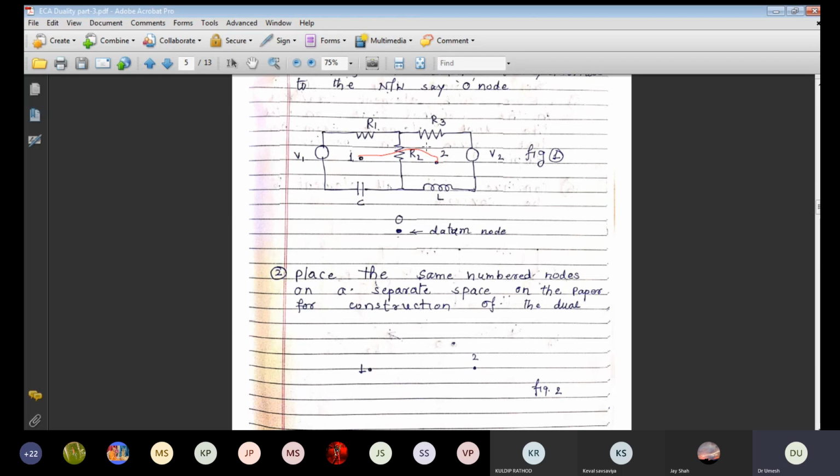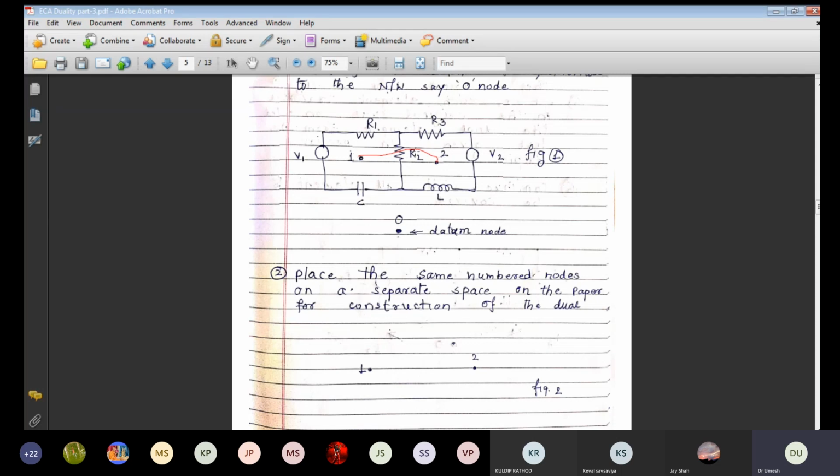So I have joined 1 and 2, because each element you have to travel only once; you cannot travel through it two times. You have to connect this 1 and 2.